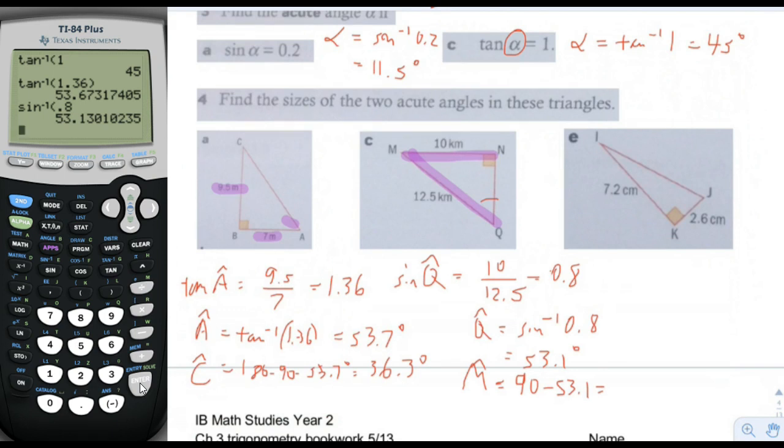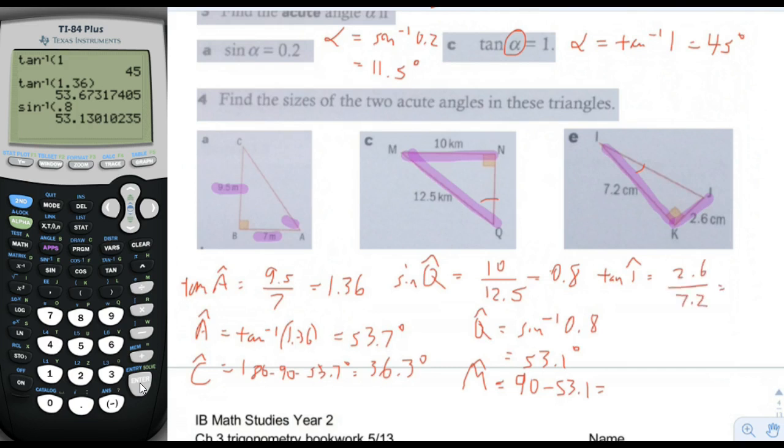Last one. We'll just set this up. So look, you got this side, and you got this side. We want to figure out the angles. Well, since we don't know the hypotenuse and we don't care about the hypotenuse, let's just take this angle, angle I, and then we'll say that the tangent of angle I is equal to 2.6 divided by 7.2.